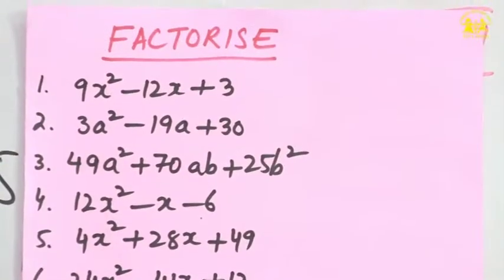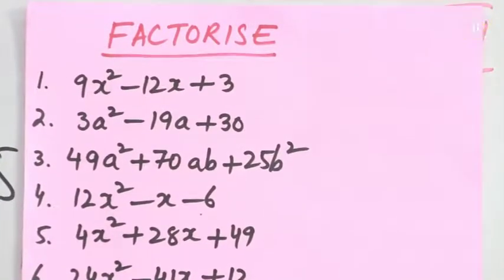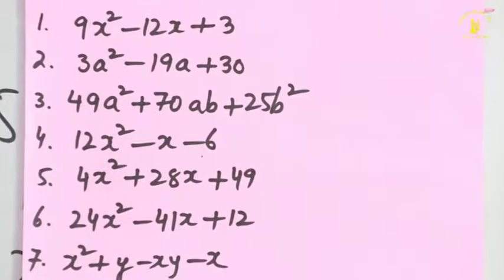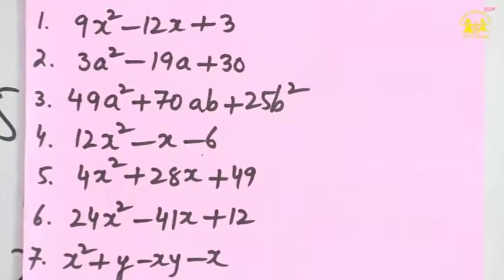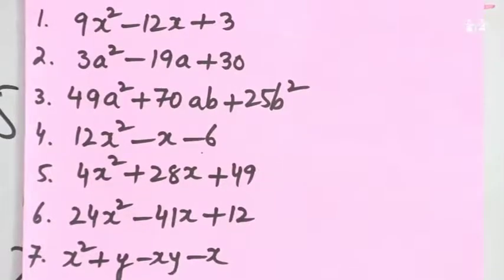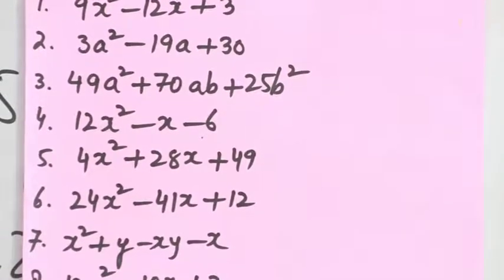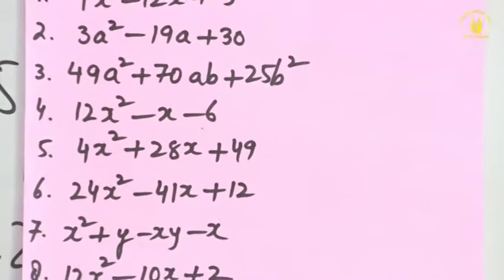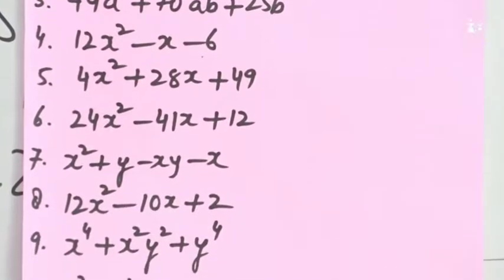I have given 19 questions for your homework, and if you look at these questions, some are asked in a slightly different way, and some may require the usage of more than one identity. For example, question number 9 is asked in a slightly different way.